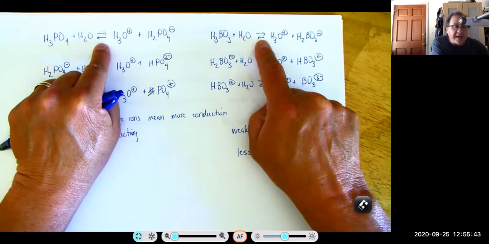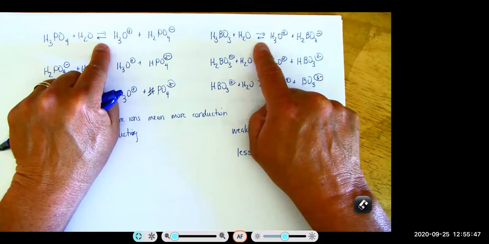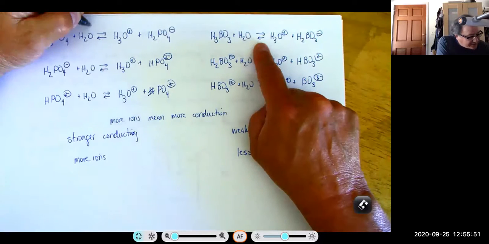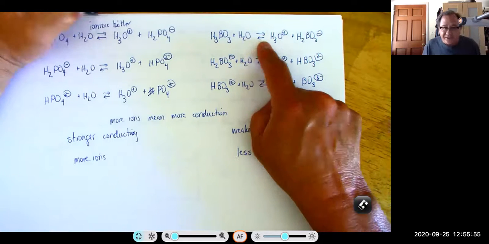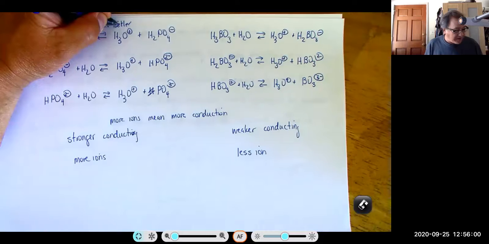Which one ionizes better, left or right? Left? Yes, it ionizes better. We're not saying that it ionizes completely. We're saying that it ionizes better, right?